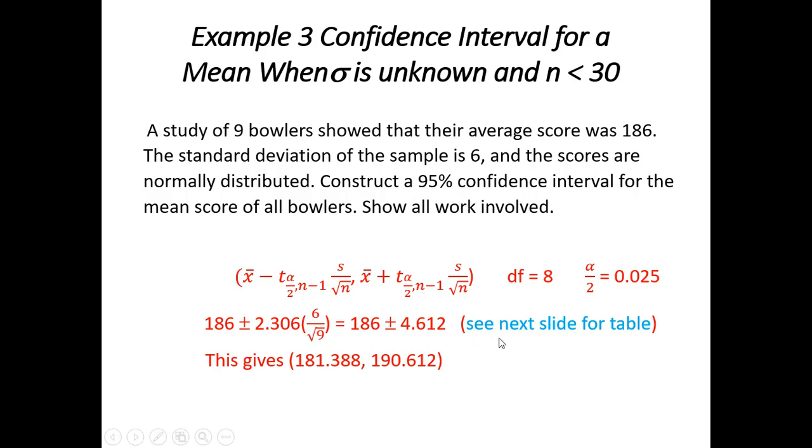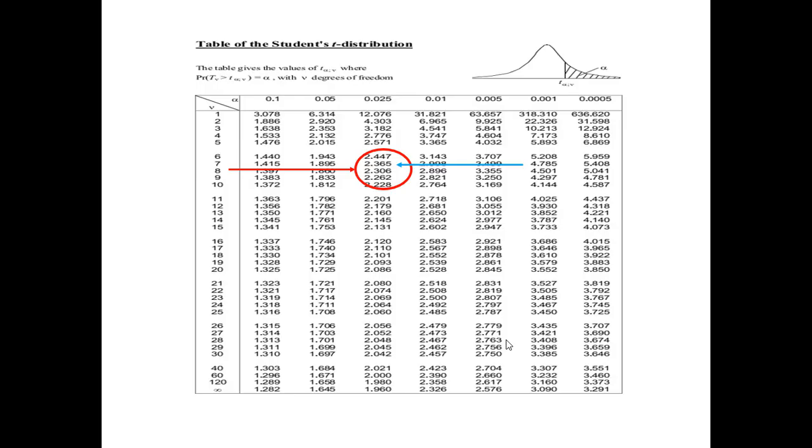So let's check this out. You see the next slide. So these values up here represent the right tail area. And I have 0.025 is my alpha over 2. So I want to look in the 0.025 column.